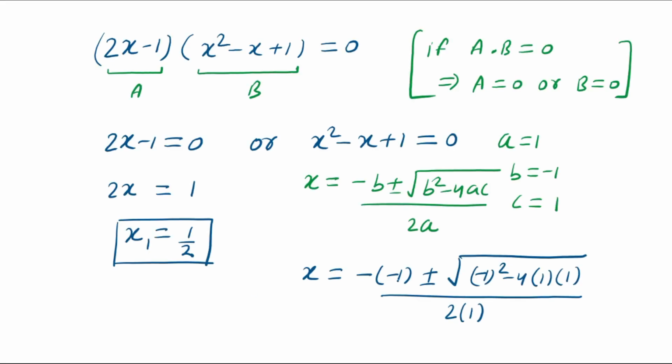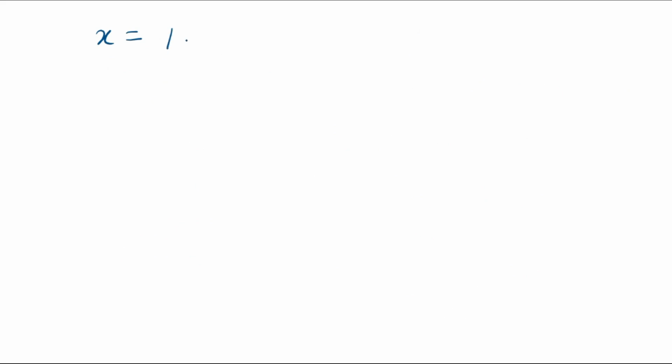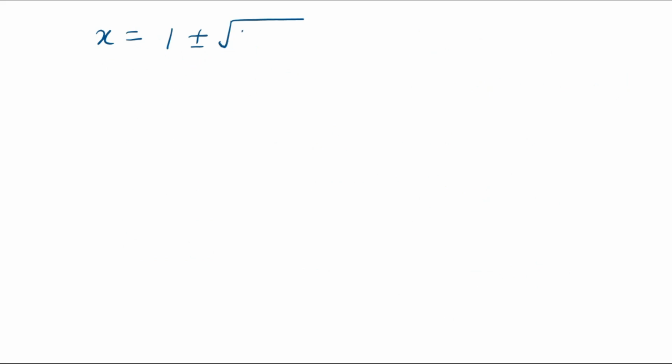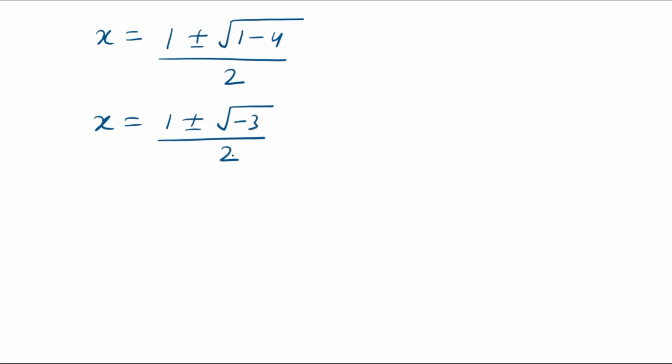Then x is equal to minus 1 multiplied by this minus 1, then you will get plus 1 plus minus square root of minus 1 square is 1 minus 4, over 2. Then x is equal to 1 plus minus square root of 1 minus 4, which is minus 3, over 2.